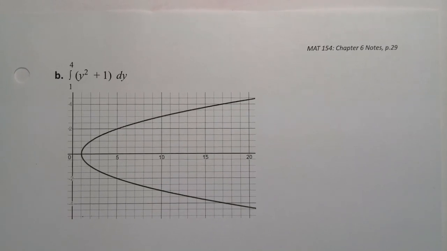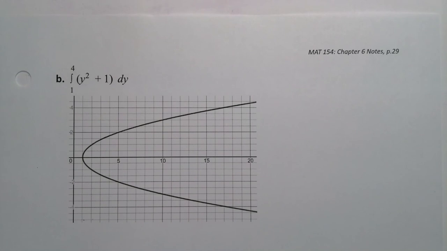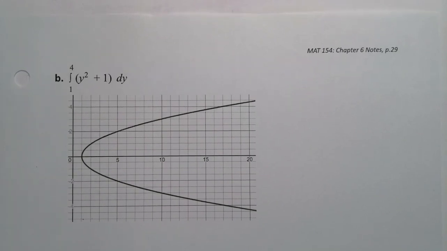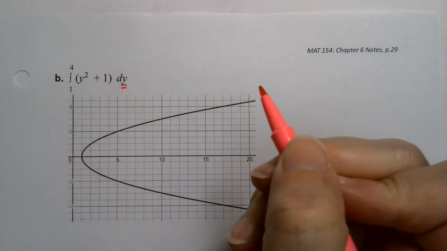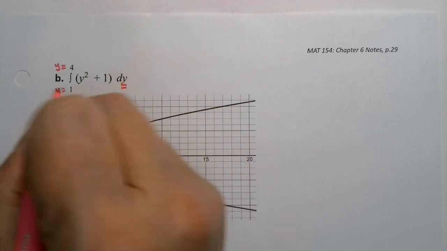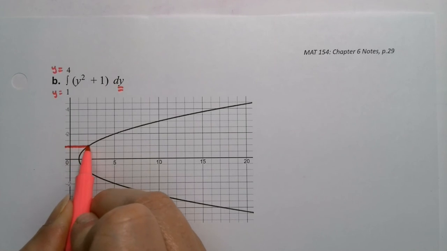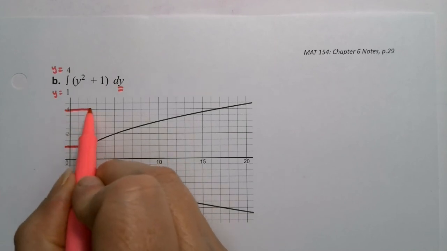But in this case, they want us to go from, now remember, because this is y over here, I'm just choosing my colors here. Because this is y for my differential, that means that these are y values. That differential tells us that these are y values. y equals 1 is right here, and y equals 4 is right here.